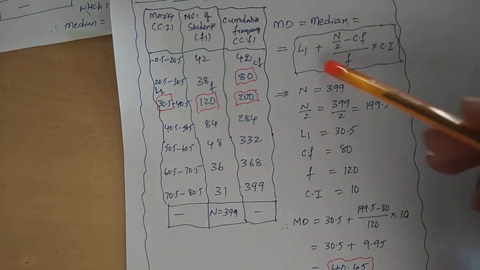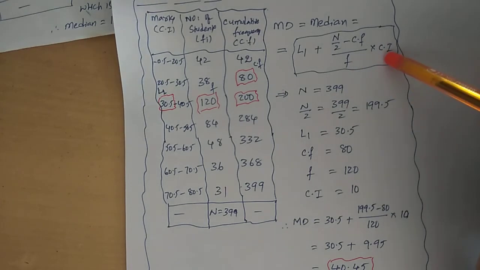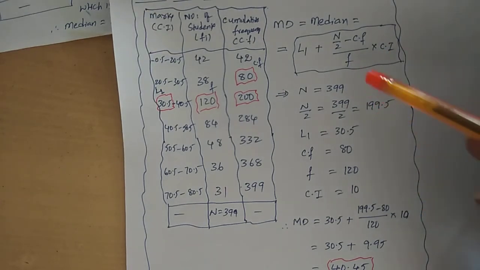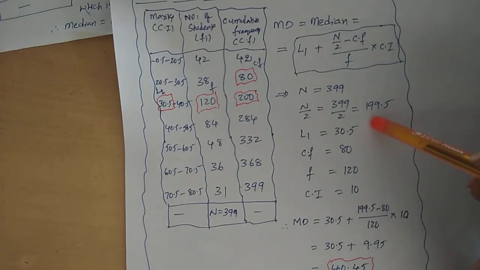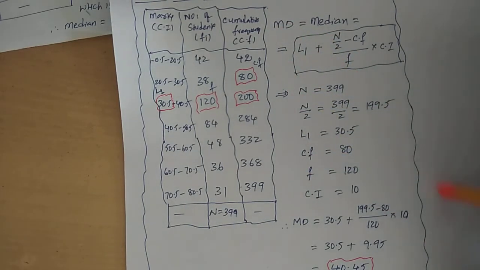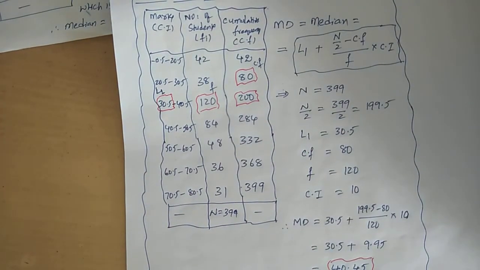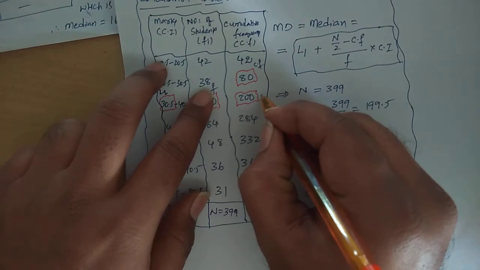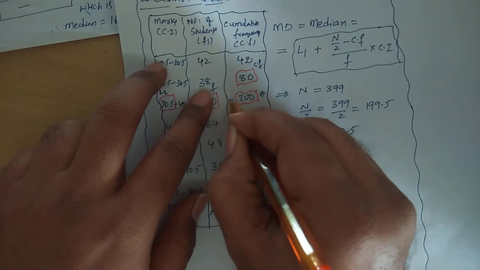Now go for the formula: L1 plus n by 2 minus CF by F into CI, where n is the total of the frequencies. Calculate the n by 2 value. How much did you get? 199.5. Check the cumulative frequency nearest to 199.5. What is that value? 200. So this is going to be the pointer. A very, very important location. Based upon this pointer only, you identify all other values.